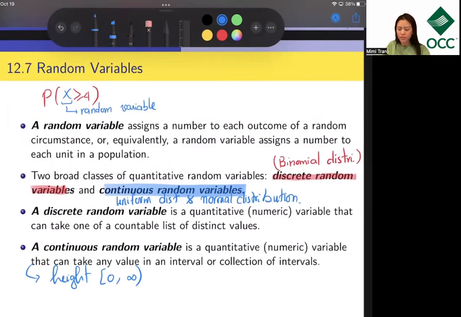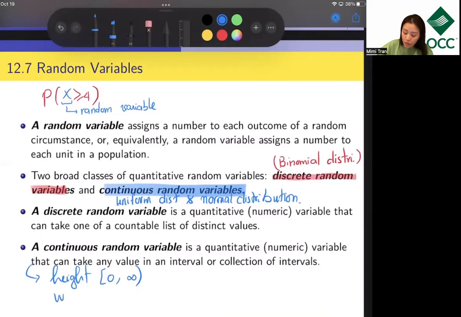Of course, nobody is as tall as near infinity, but say between 0 and 2 meters, any randomly selected person can take a value within that interval, right?